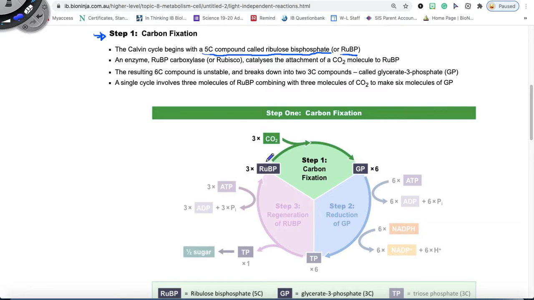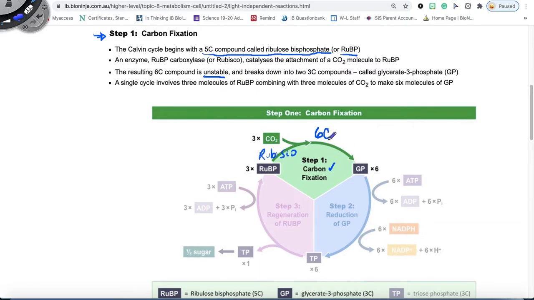When ribulose bisphosphate is catalyzed by an enzyme called Rubisco with carbon dioxide, it makes a very unstable 6-carbon compound. That's what we refer to as carbon fixation.